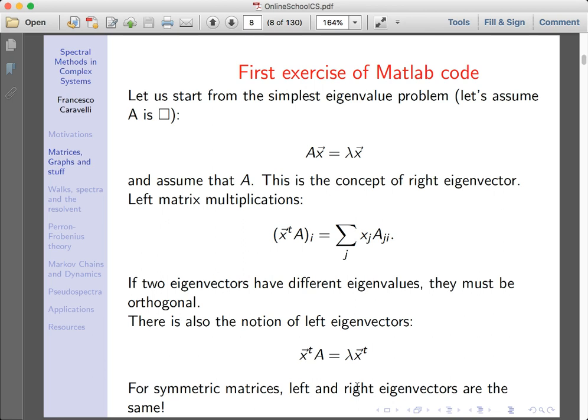Here we define the eigenvalue problem. So given a matrix A, we call eigenvector a vector x such that if you multiply A by x, it gives you back the vector x multiplied by a scalar, and this is an eigenvalue.